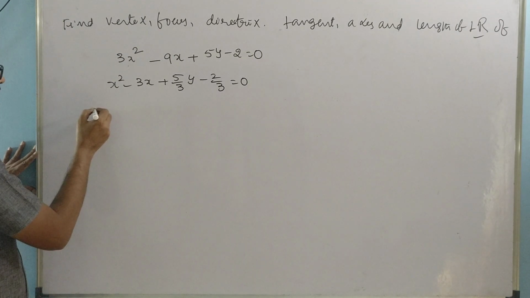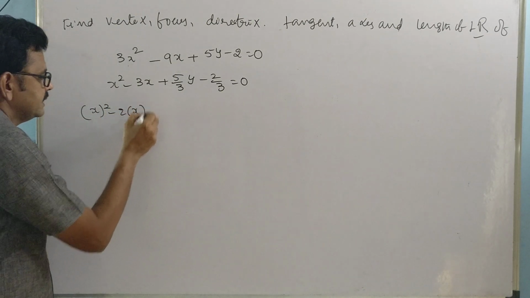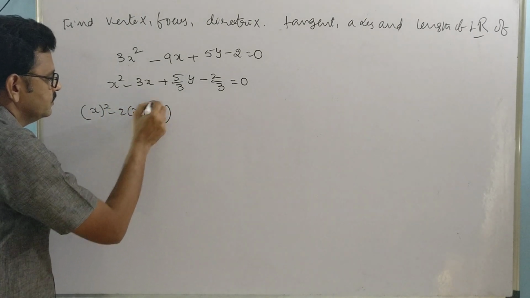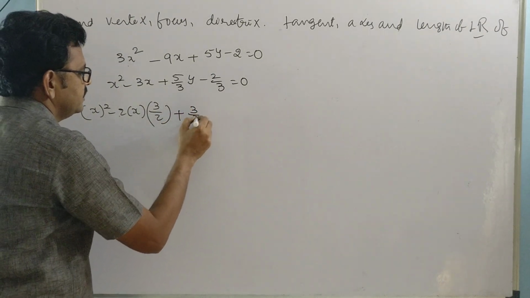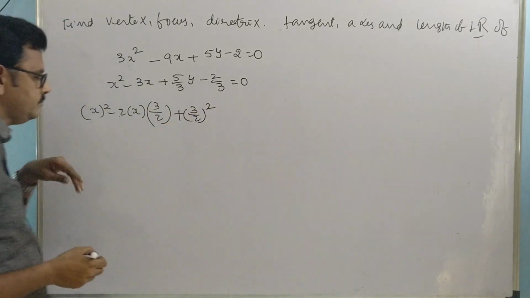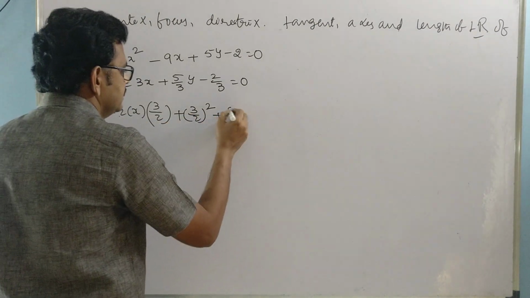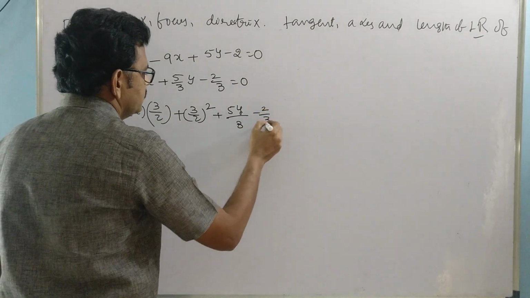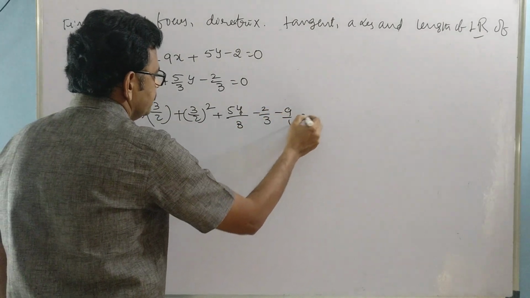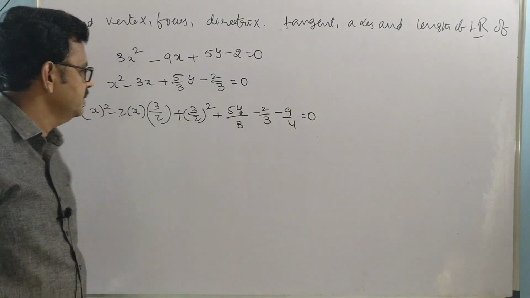Now this is (x minus 3 by 2) whole square, adding and subtracting 9 by 4.